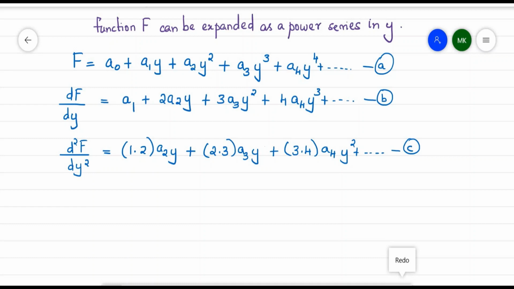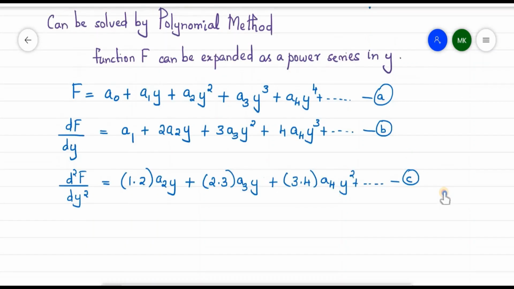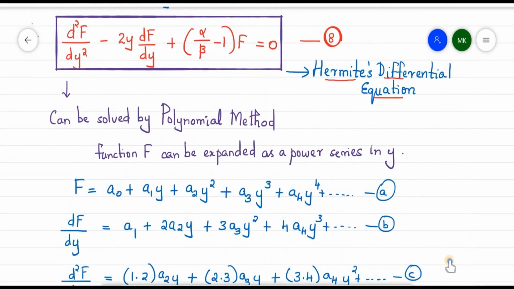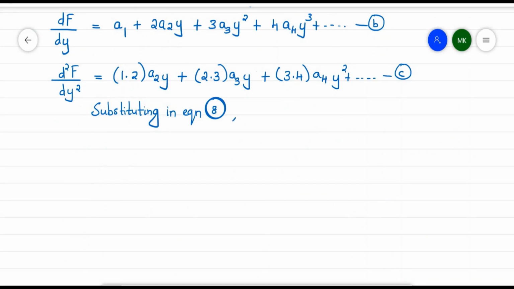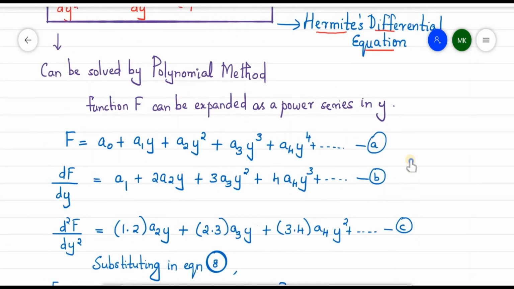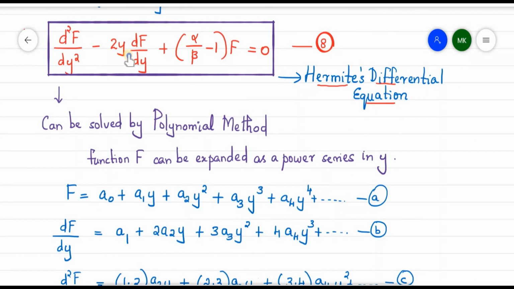Now we have to substitute A, B and C in equation 8. Substituting in equation 8, we get 1 into 2 a2 plus 2 into 3 a3y plus 3 into 4 a4y square plus etc. minus the next term is minus 2y into df by dy.